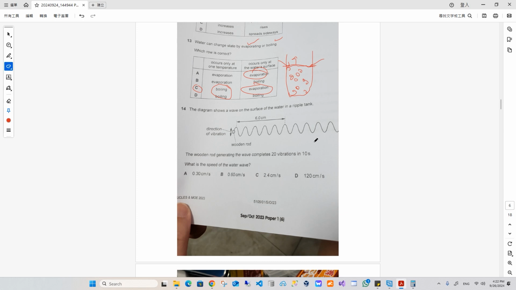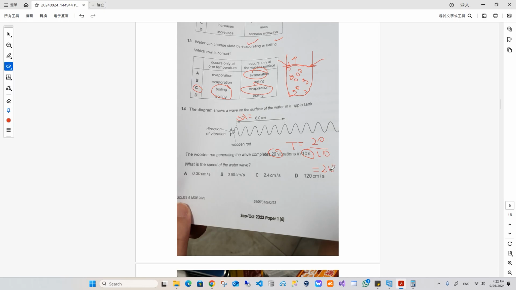Okay, so with this information, this is 1, 2, 3, 4, 5 lambda. 5 lambda equal to 6 cm. 20 vibrations in 10 seconds means your period T is 10 over 20, which is 0.5 seconds.